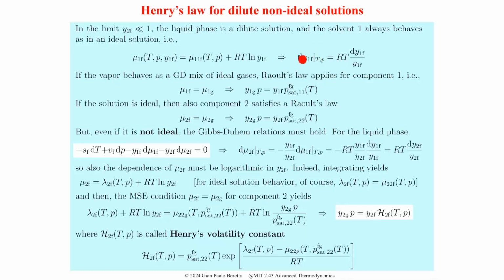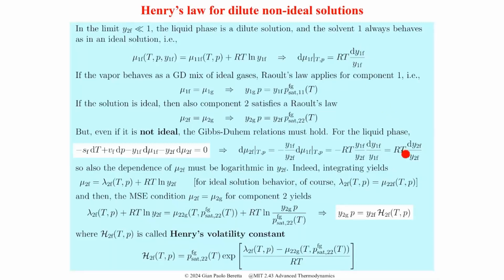Okay, so that's the mu1 in the liquid phase. So you can substitute in this relation here. So you see this relation can be rewritten this way. And then here, for this one, you substitute what we obtain from the ideal solution. And here is what you get. You get a similar relation.